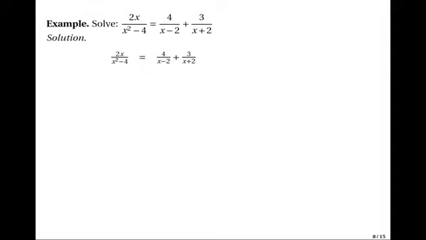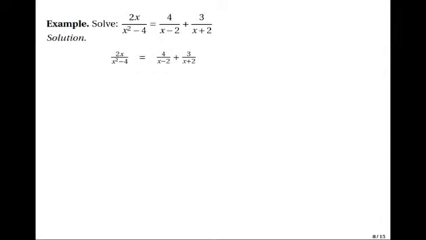Now, here's the thing. You have denominators here, and the denominators contain variables. So because of that, we will have some restrictions on the variable, numbers that it cannot take.